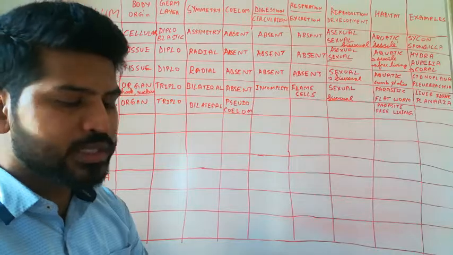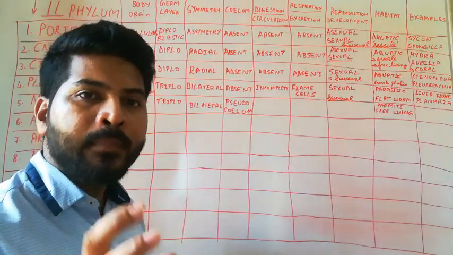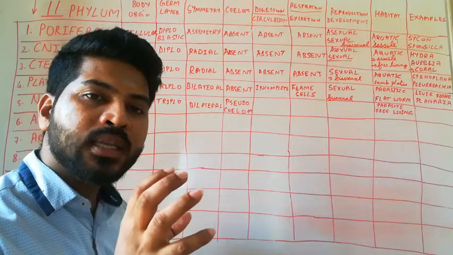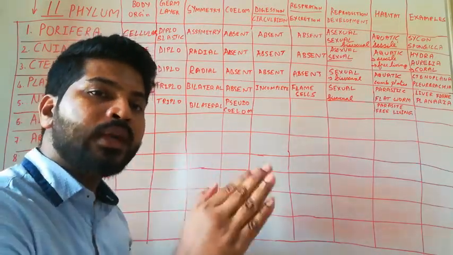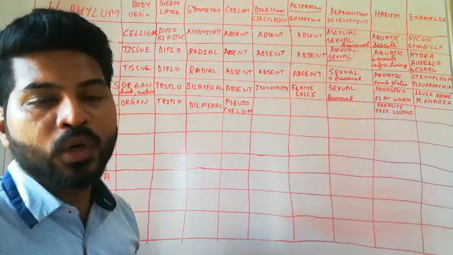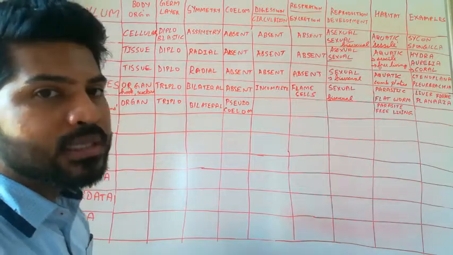These are pseudocoelomates. That is, mesoderm is present, but the mesoderm is seen as circular pouches present between the ectoderm and the endoderm. So that is what is called a pseudocoelom. True coelom is absent.